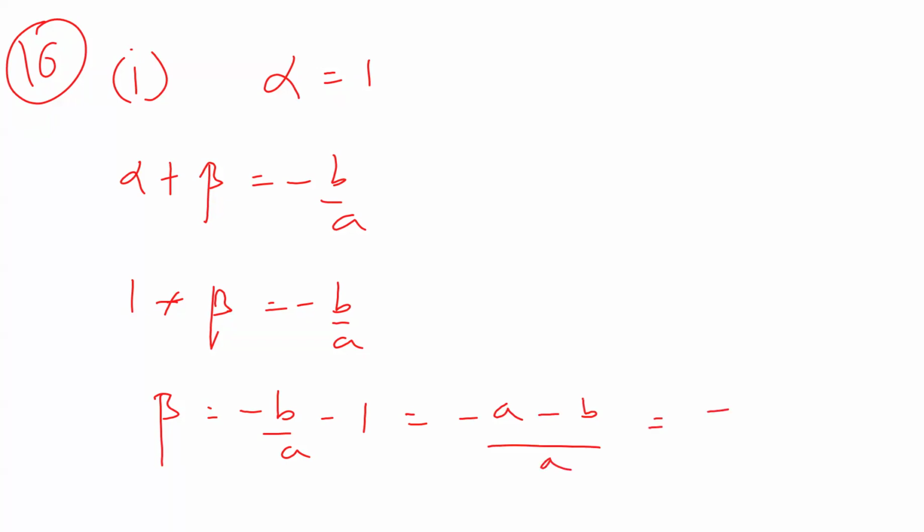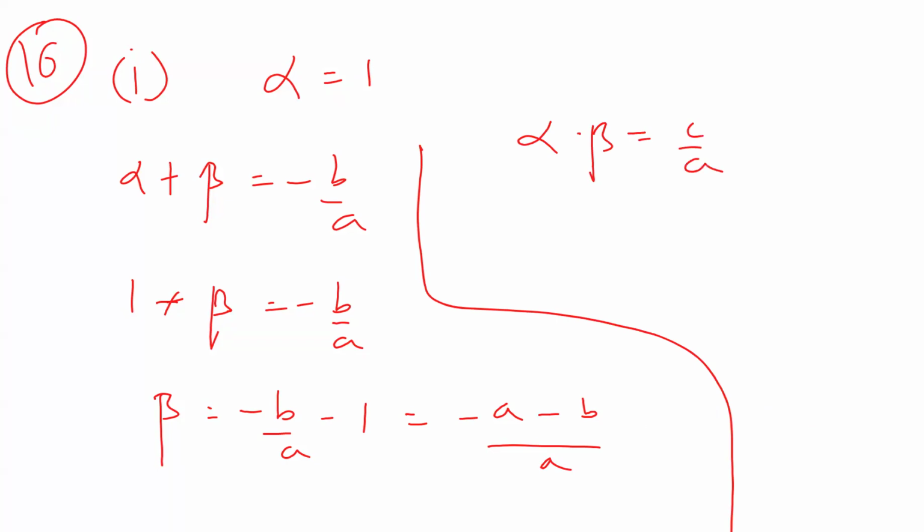Okay, let us stop over here. So this is beta. Now alpha into beta is c by a. So alpha is equal to 1, beta is equal to c by a, but in beta value we know minus (a plus b) upon a is equal to c upon a.